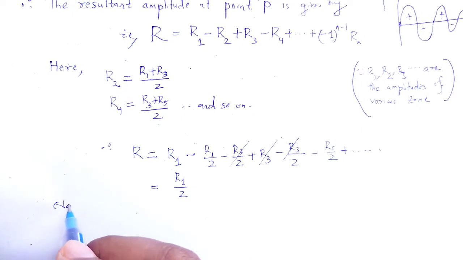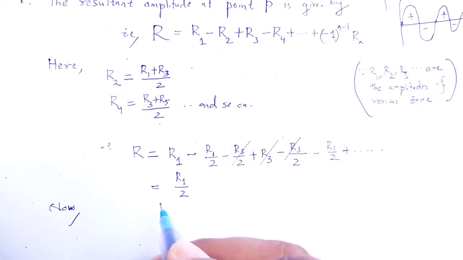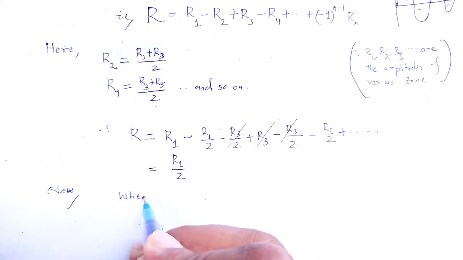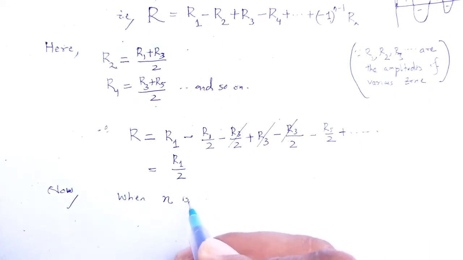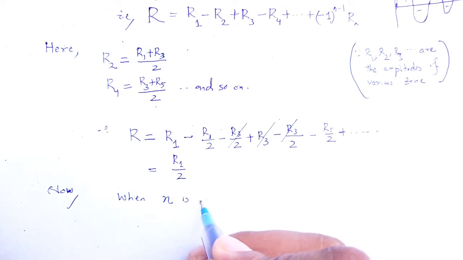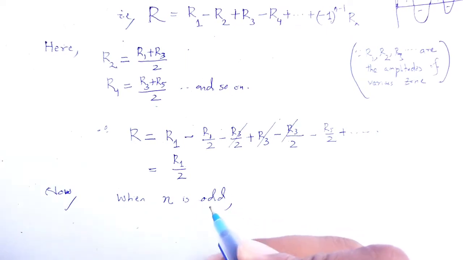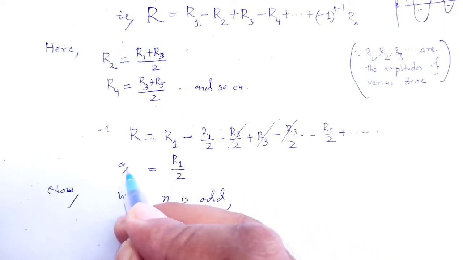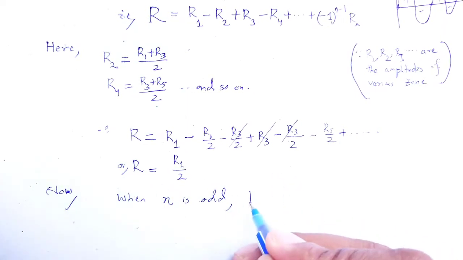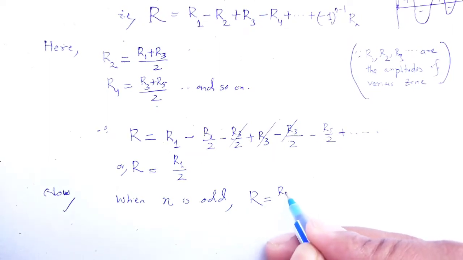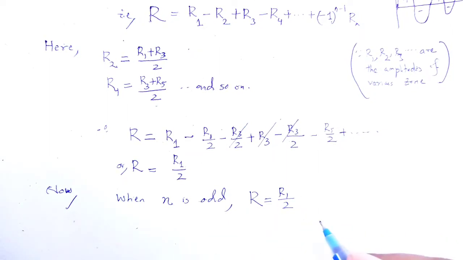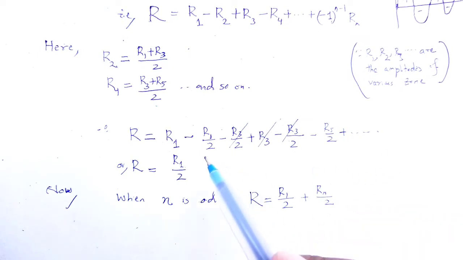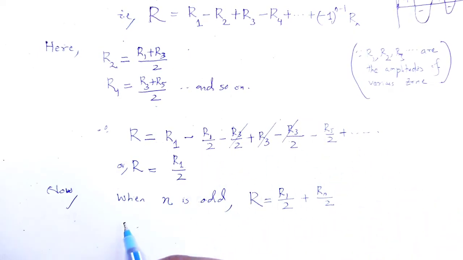Now, when n is odd, the resultant amplitude R is equal to R1 by 2 plus Rn divided by 2, that will be the last term.